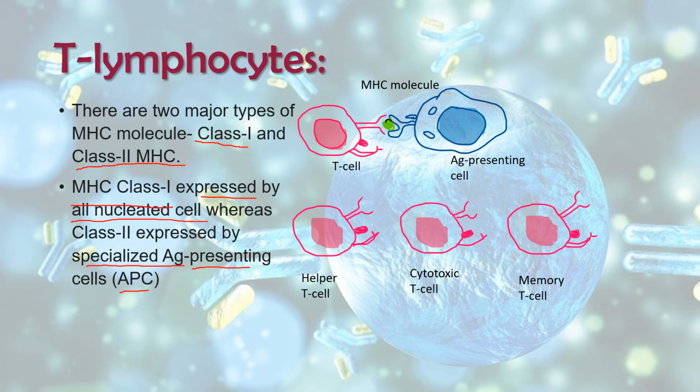Once they interact, this T cell will differentiate into a helper T cell if the cluster of differentiation molecule is CD4, and into a cytotoxic T cell if this CD molecule is CD8. We represent CD8 by a single line, whereas CD4 by a double line. And this T lymphocyte can also differentiate into a memory T cell.